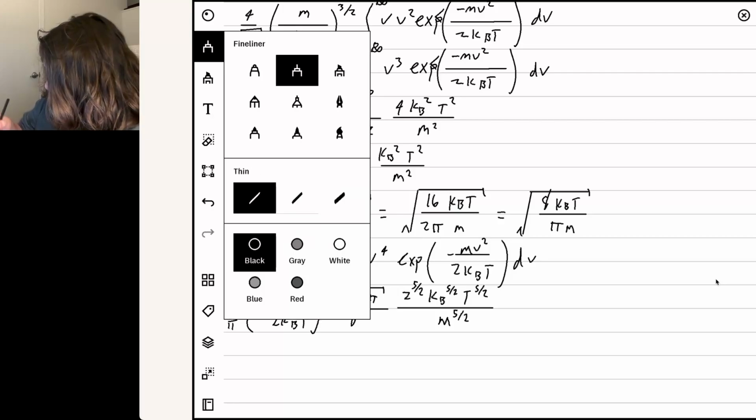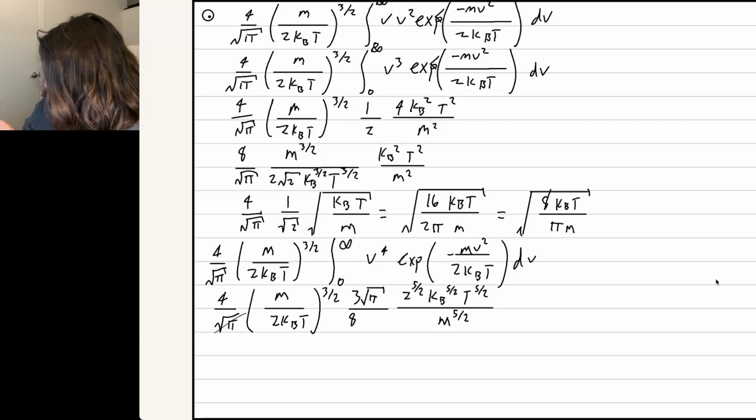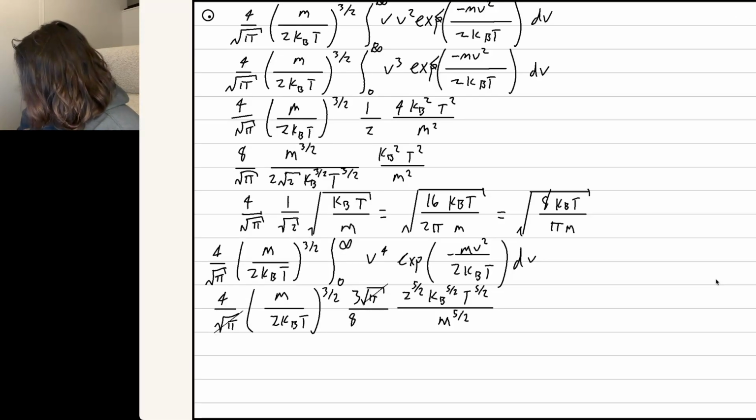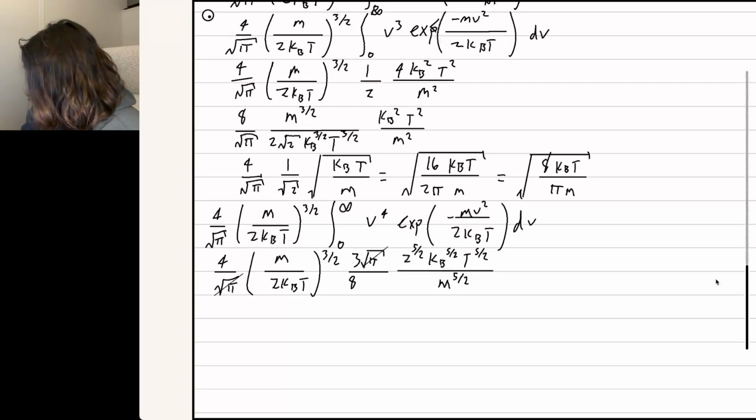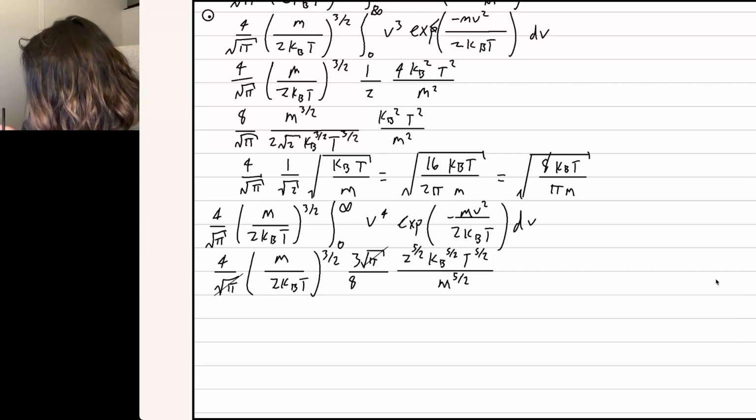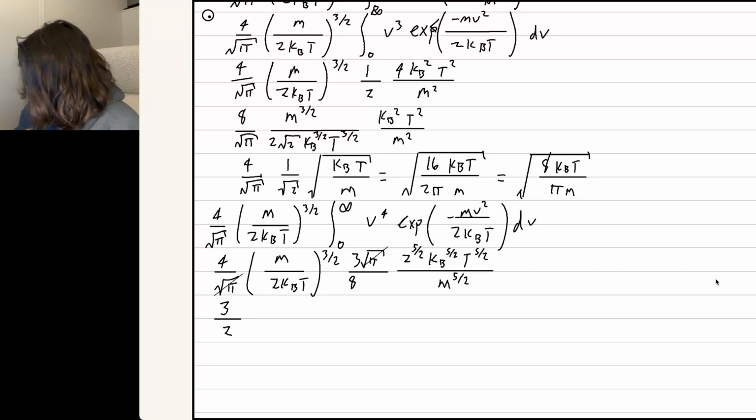These root pi's will cancel out. 12 divided by 8 is, well, it's 6 divided by 4, so 3 halves. And then 5 halves minus 3 halves is just 1.